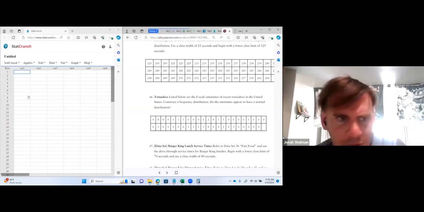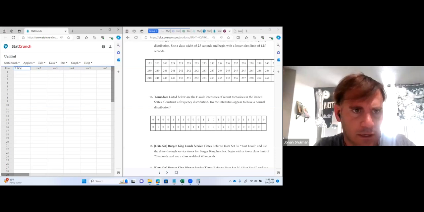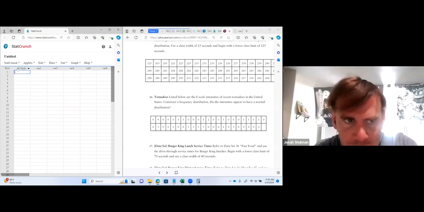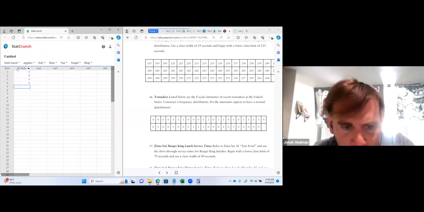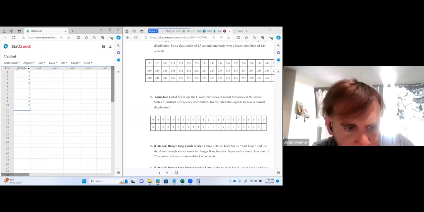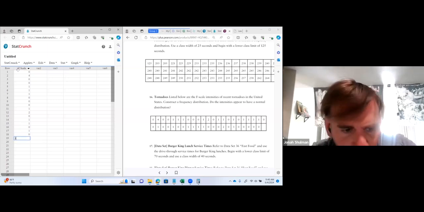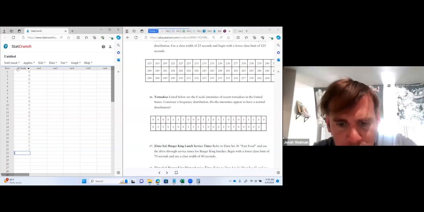This is the F scale intensities of tornadoes. I'm just going to put in all the numbers and hopefully not make a mistake. So we got 0, 4, 0, 0, 1, 1, 1, 0, 0, 0, 1, 2, 0, 1, 1, 0, 1, 0, 1, 1, 1, 1, 0.